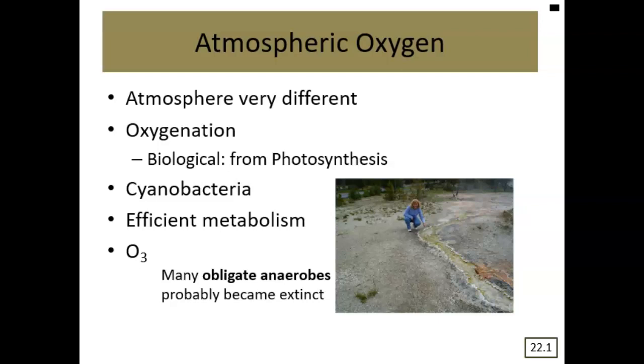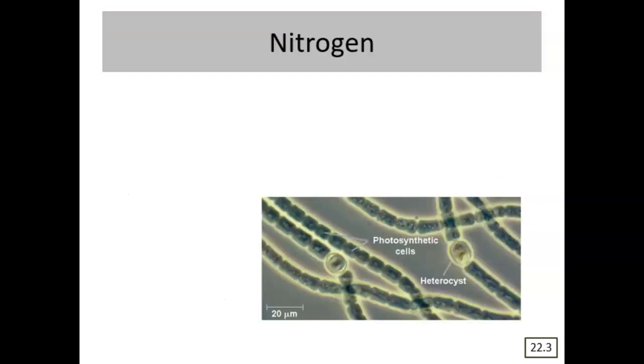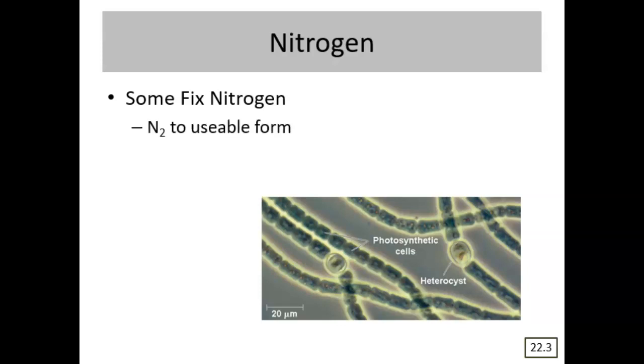Another way that prokaryotes are important has to do with nitrogen. There are some that are able to fix nitrogen. By fix here, we don't mean that the nitrogen is broken. We mean that nitrogen that's in the air, right now we're breathing in nitrogen, in the form of N2, two nitrogen atoms attached together, is changed into a usable form, usually something like ammonia, a form that living organisms can take advantage of.